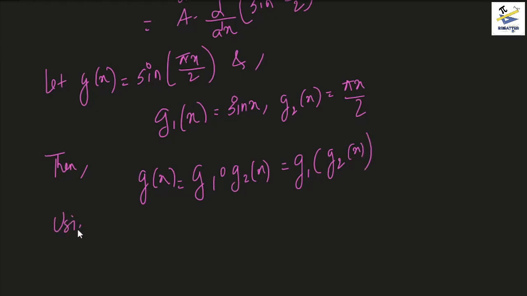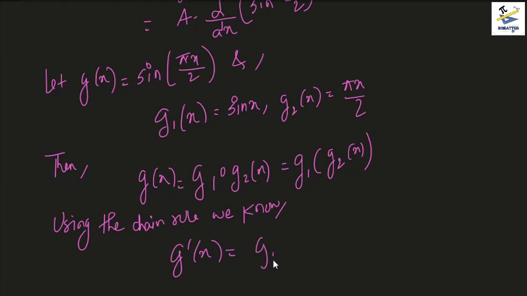Using the chain rule, we know g prime x must be equal to g1 prime of g2(x) into g2 prime of x, right?